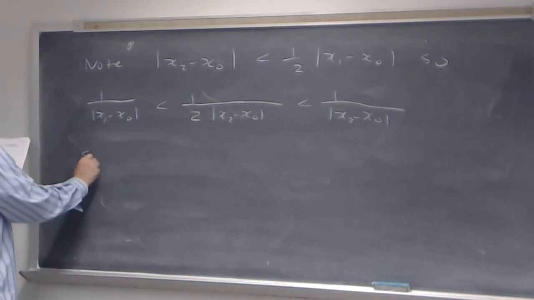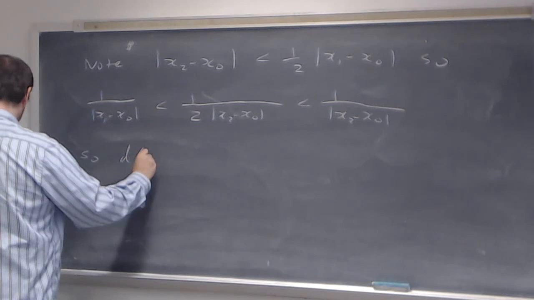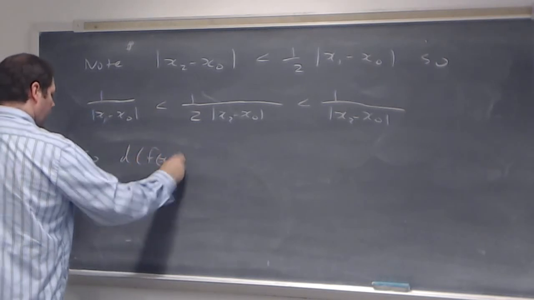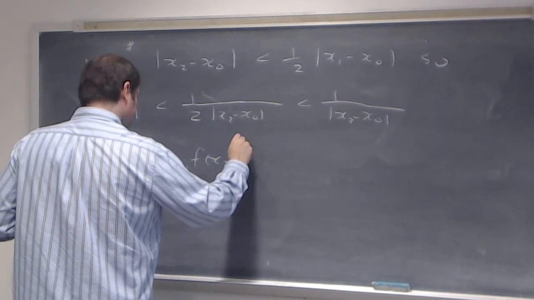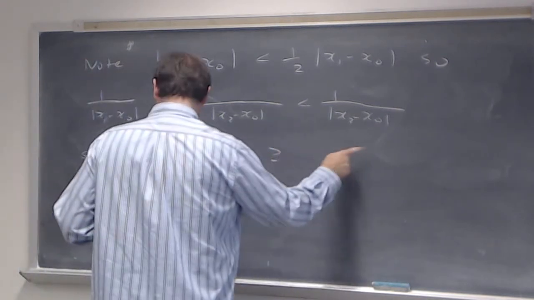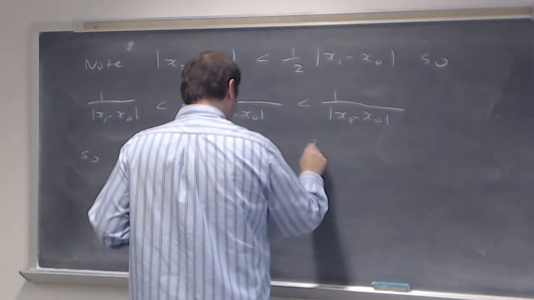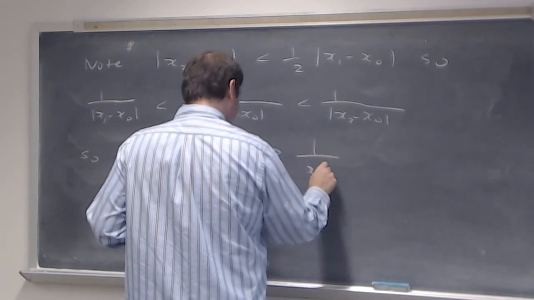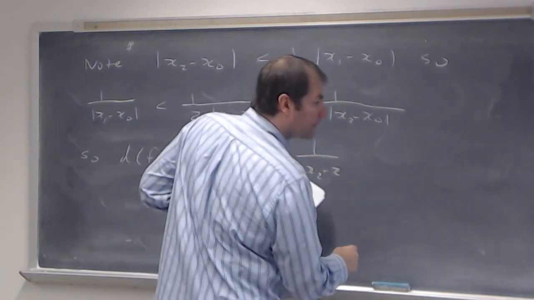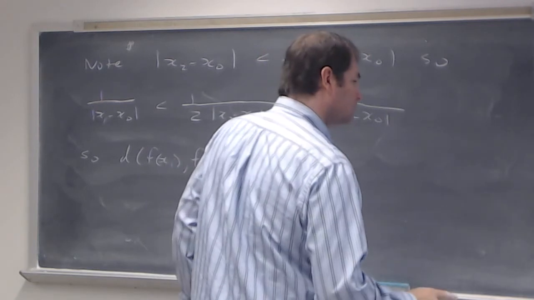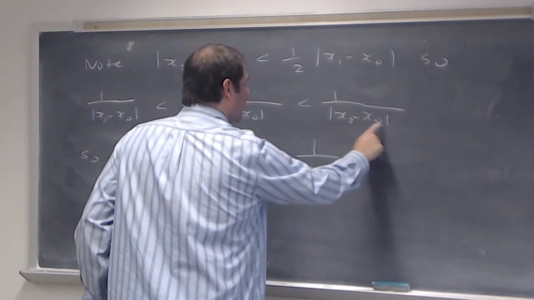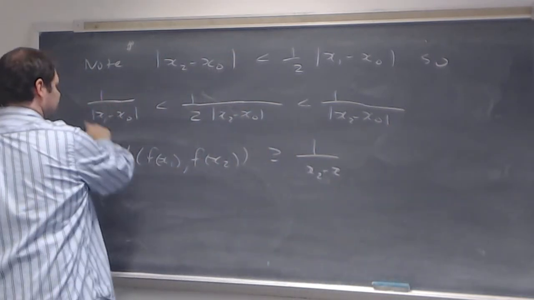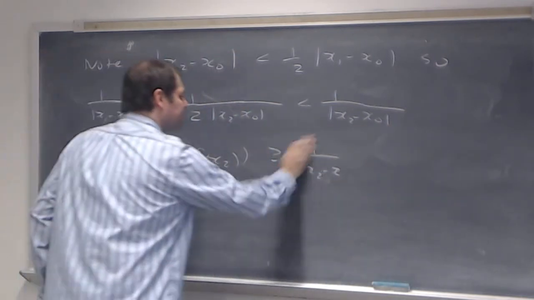So, the distance between f of x of 1 and f of x of 2, which we know to be greater than or equal to, by our work on that right side board, 1 over x of 2 minus, well, using the fact that 1 over x of 2 minus x of 0 inside absolute values is bigger than this, let me just write this down.